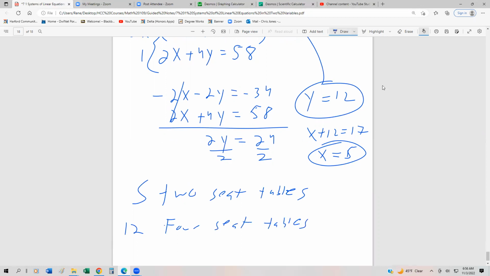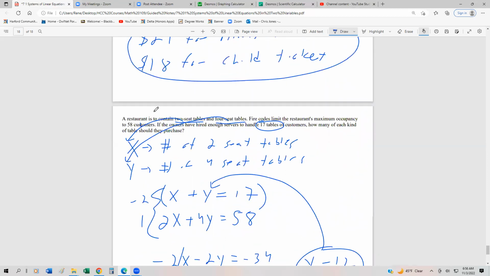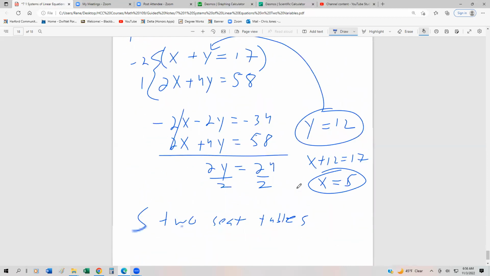And of course, just to check this, we would have 2 times 5 is 10, and then 4 times 12 is going to be 48. The total would be 58, and that's the maximum number of customers. So at least the answer makes sense to us.